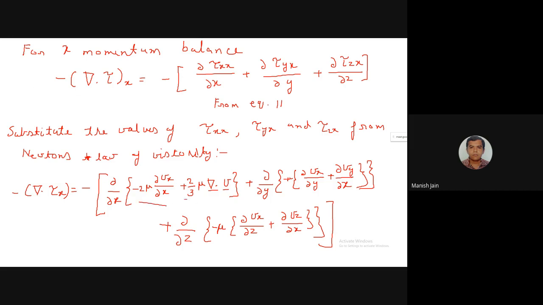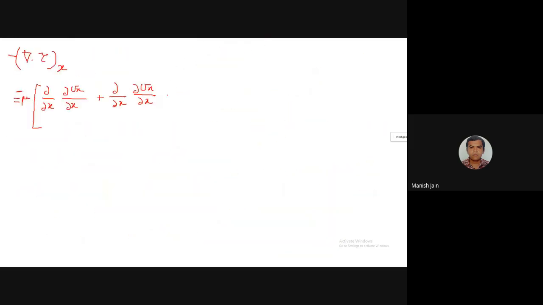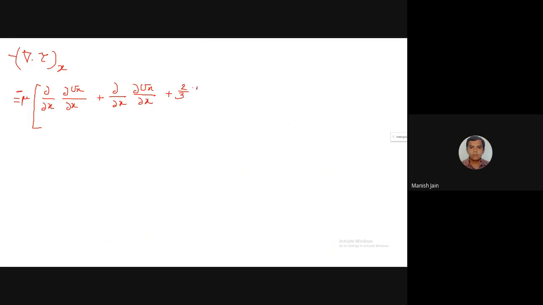Now this quantity, plus 2 by 3 in bracket mu del dot v, this will come under the del by del x.